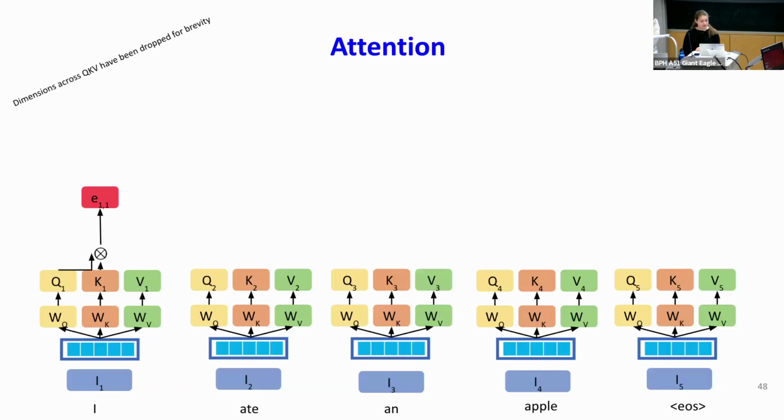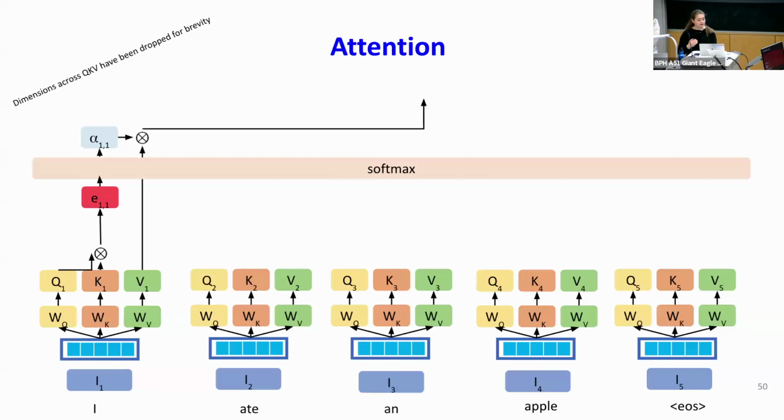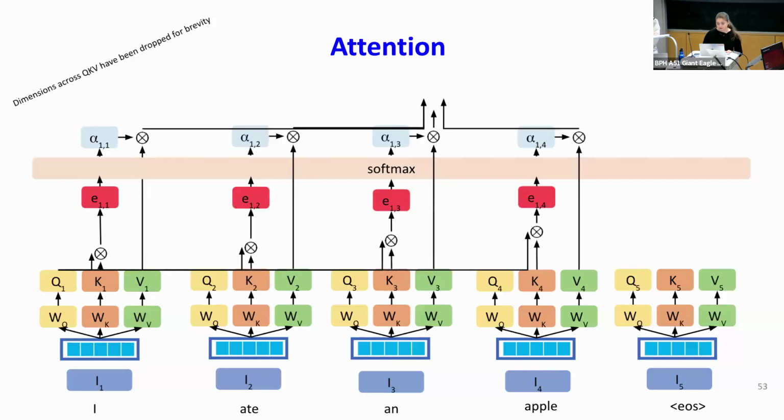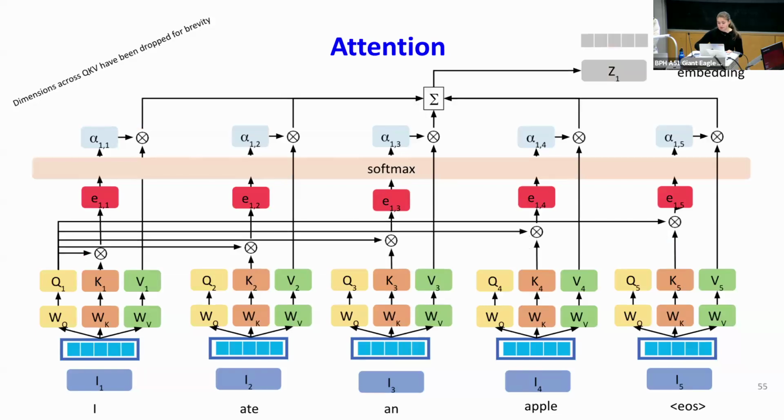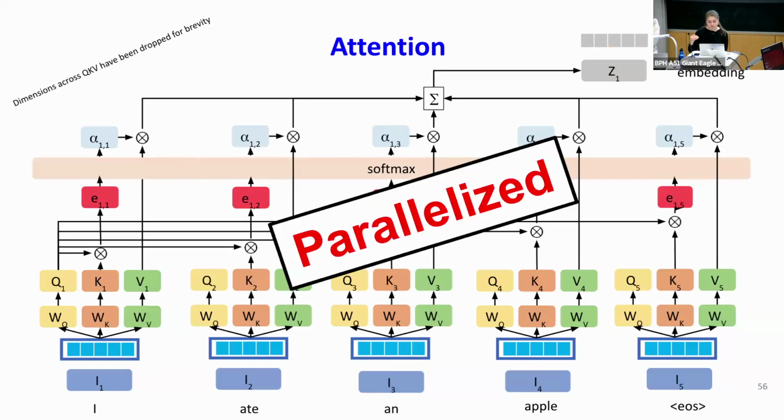We get a vector, then pass it through a softmax and get an attention weight. After that, we do this for every single token, and we get a contextually rich embedding. These are all the steps we do to introduce attention in our calculations.